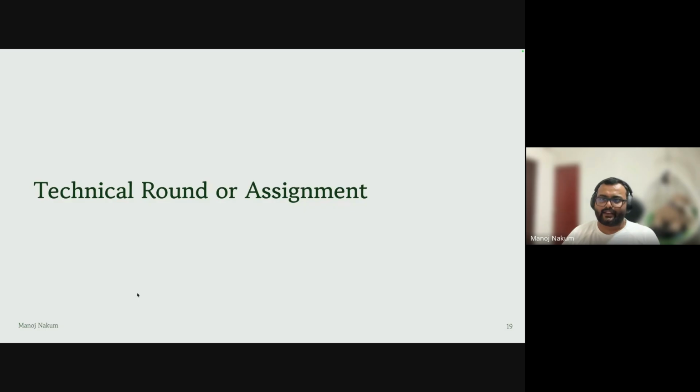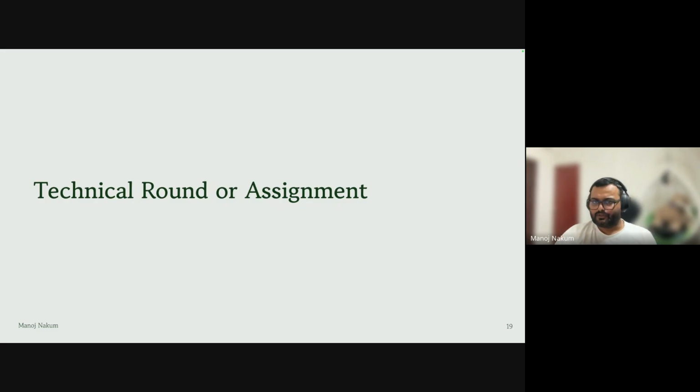Now, the technical round or assignment. As a designer, as soon as this round comes, you worry about free assignments, unpaid work. Those concerns are genuine. I know that a lot of companies follow these dark practices. They give the work in the name of an interview just to get free work from us.